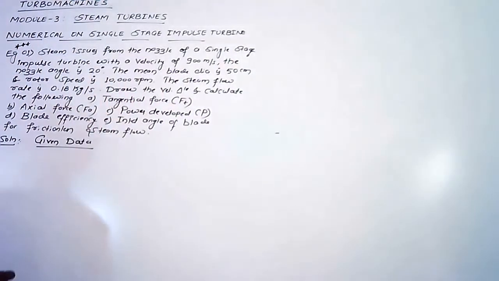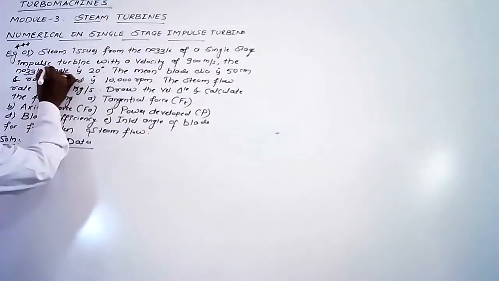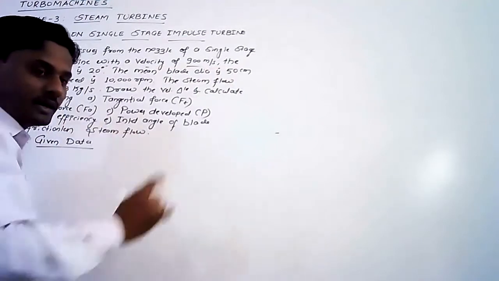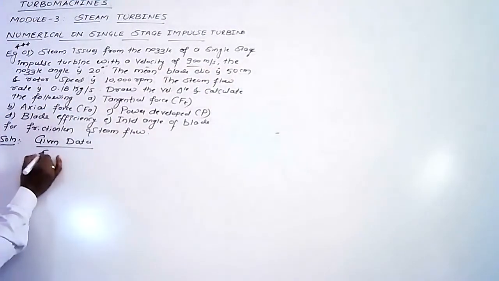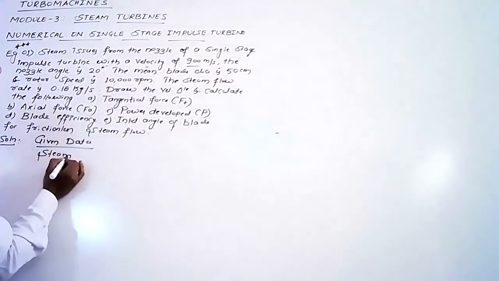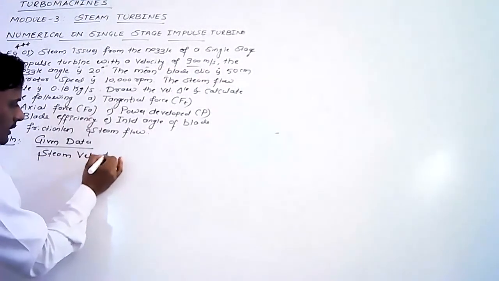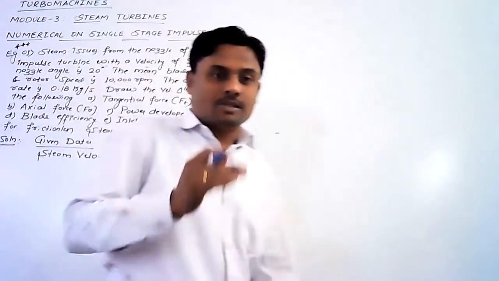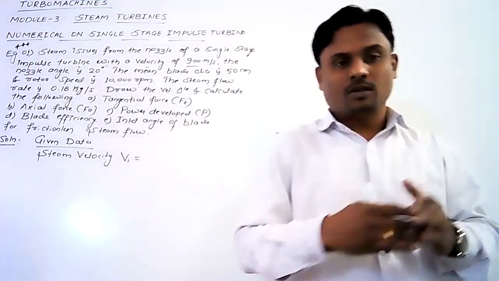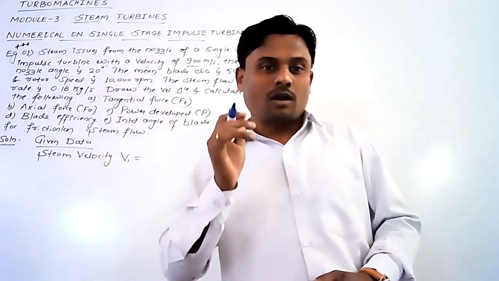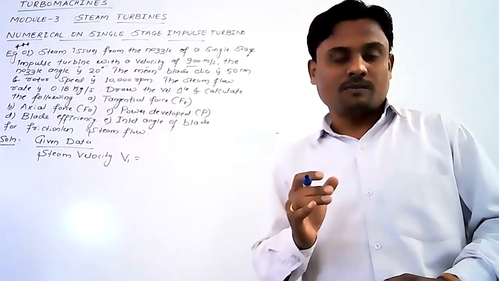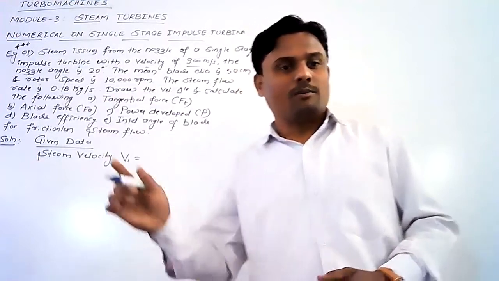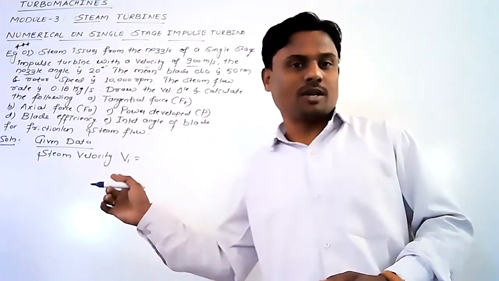The type of turbine is a single stage impulse turbine, and the velocity of steam at the exit of the nozzle is 900 meter per second. The steam velocity is represented by V1. No confusion: if they give the steam velocity at the exit of the nozzle, or the absolute velocity of steam at the inlet of the blade, both meanings are the same, so you are supposed to take V1.